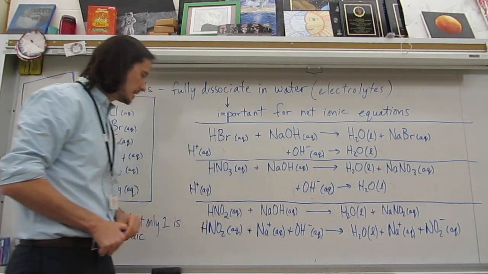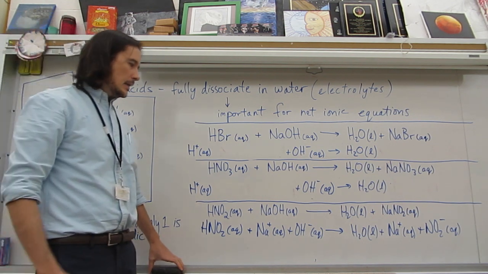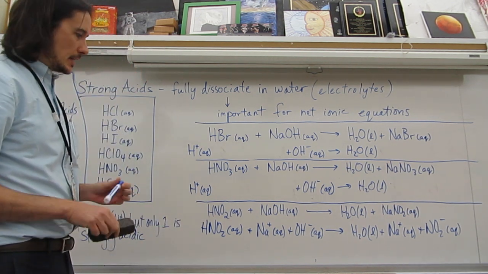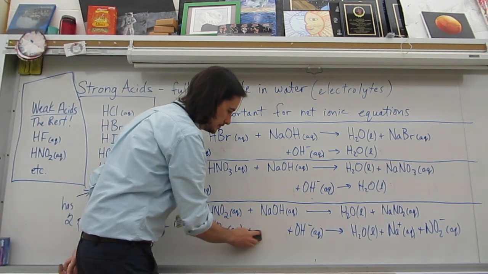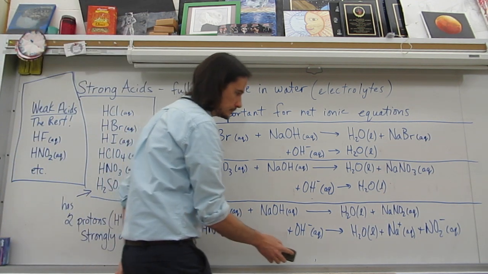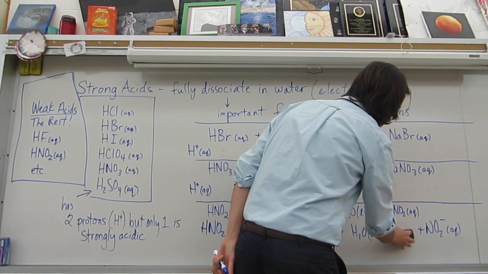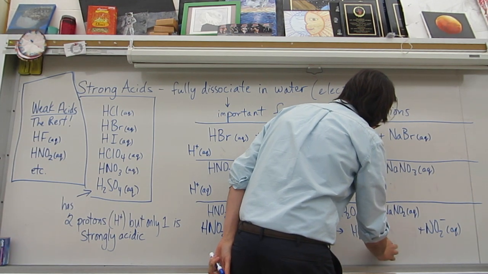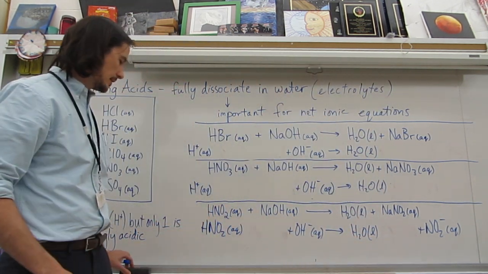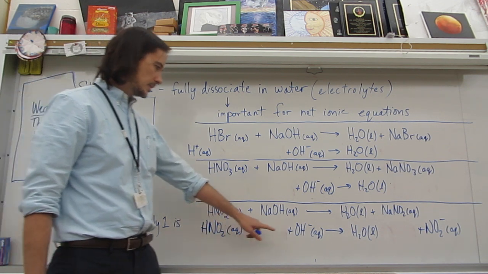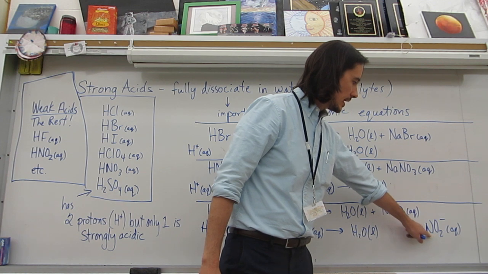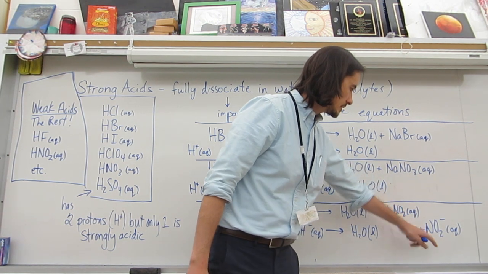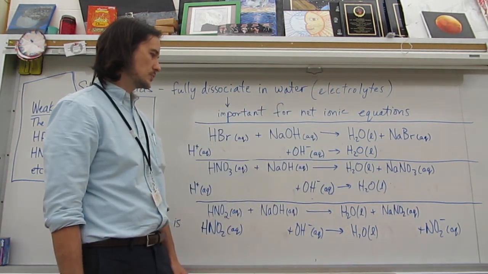Okay, so we have our complete ionic equation. Now we're going to get rid of any spectator ions, and the only one I see is sodium. And we have the weak acid plus hydroxide yields water, and the conjugate base of the weak acid. We have this NO2- ion that's remaining.